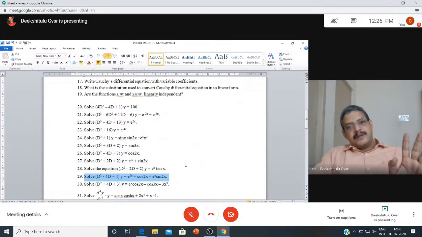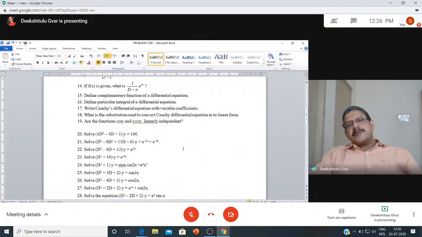Similarly, while discussing Cauchy's and Legendre's equation, I explained how each problem is equivalent to 4 or 5 problems. What is the substitution? What is Legendre's equation? What is the function which converts Legendre's equation into a linear differential equation? One problem. And what is the substitution used to convert Legendre's equation into constant coefficient equations?